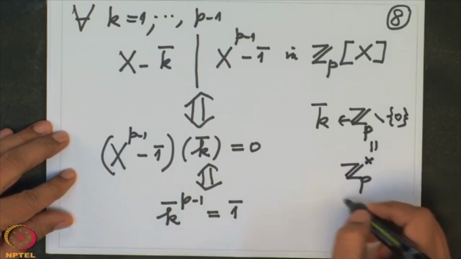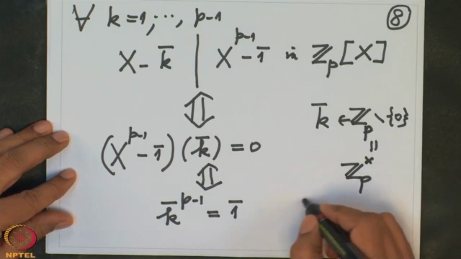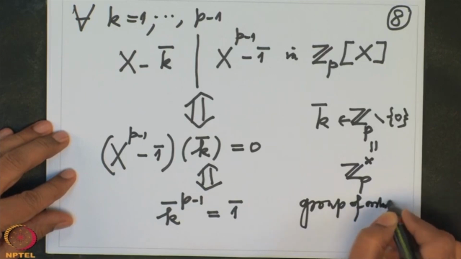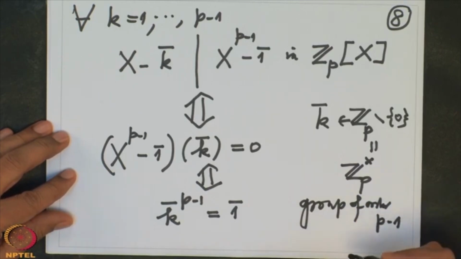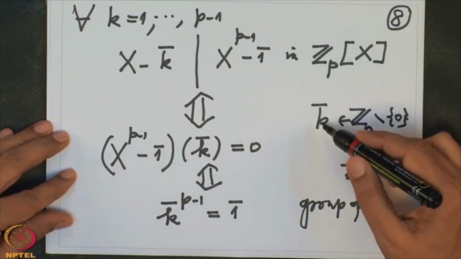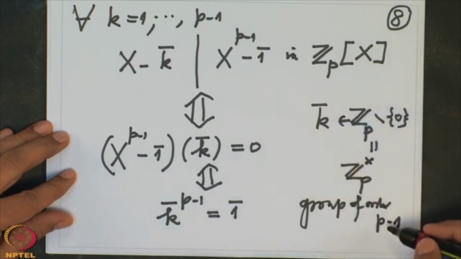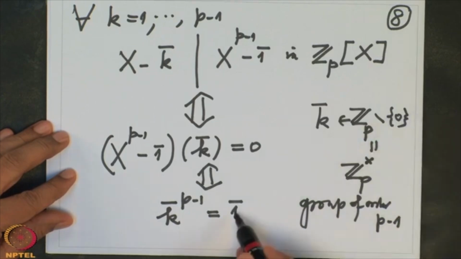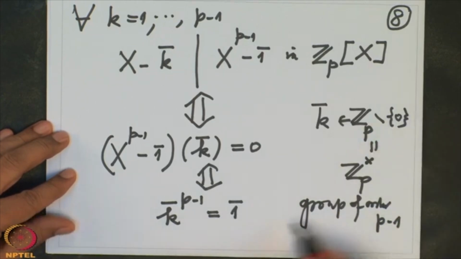Therefore, this is precisely the group of units, and this is a finite group of order p minus 1, and this k bar is one element there. So when I raise that element to the power of the order of the group, you should get the trivial element or identity element in the group. This group is with multiplication, so the identity element is precisely 1 bar. So this equation follows.